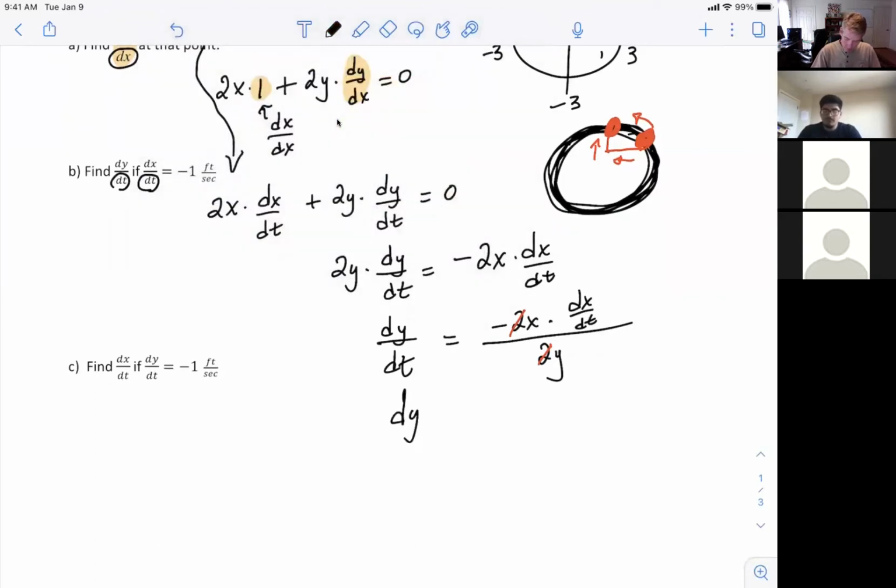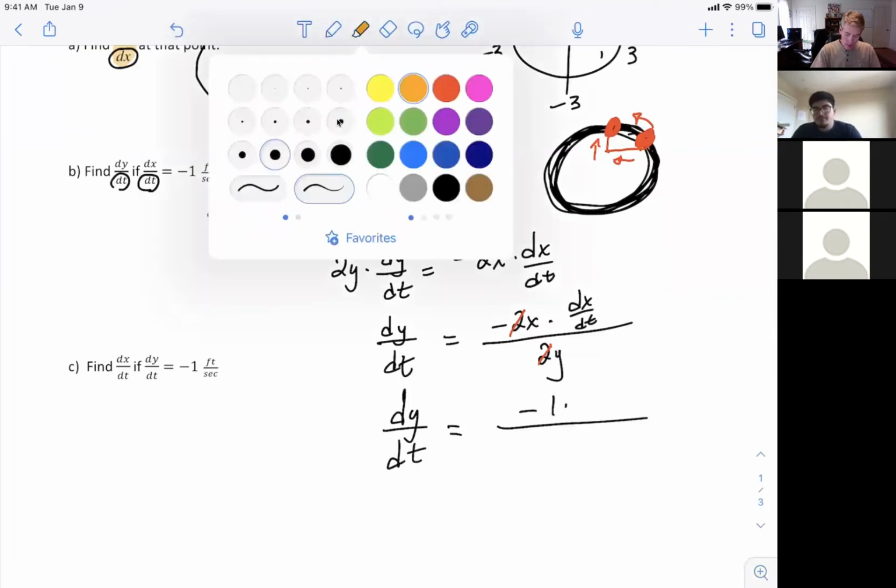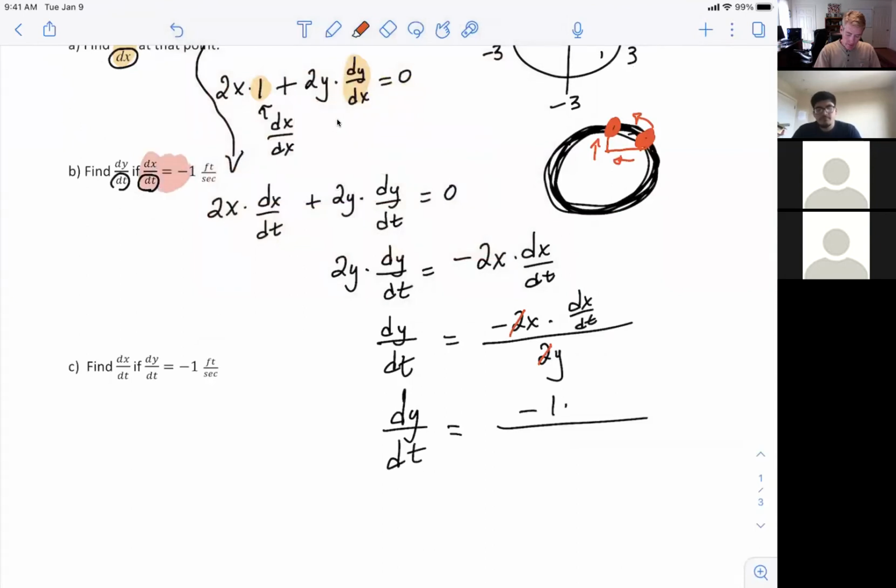So dy/dt will equal a negative, and then x was a 1. And then right here in red, it was given that dx/dt is negative 1 feet per second. So it's a negative 1, and this is going to be in feet per second.